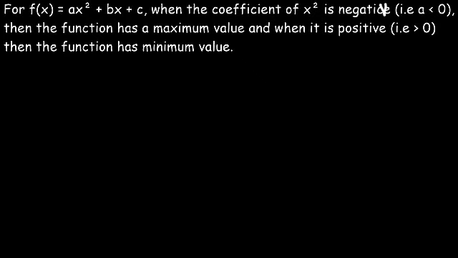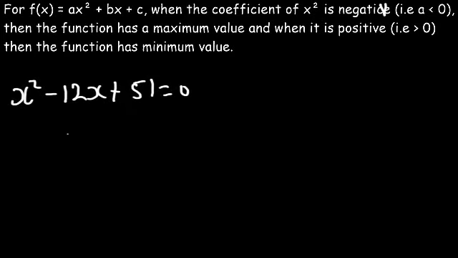To understand this properly, let's consider an example. Let's say we have x squared minus 12x plus 51 equals 0. Now, judging with the statement I showed you in the first place, the fact that the coefficient of x squared here is positive, and typically it is 1, we are going to be having a minimum value.